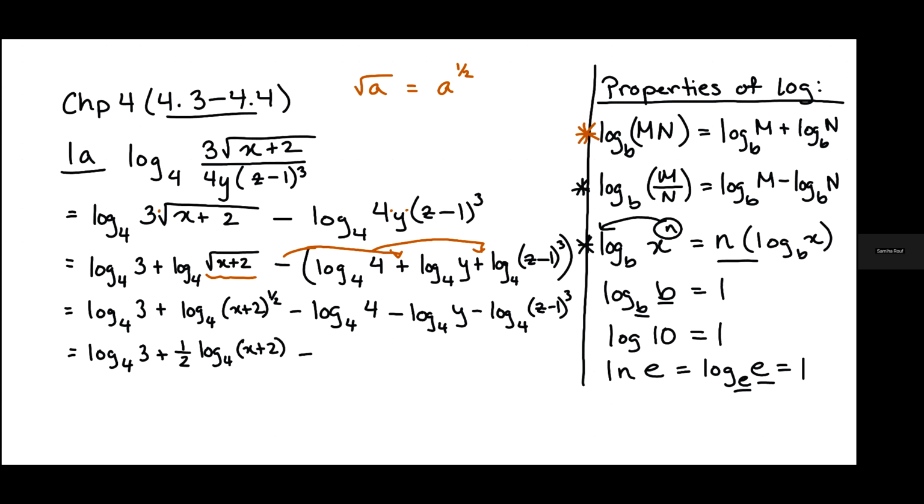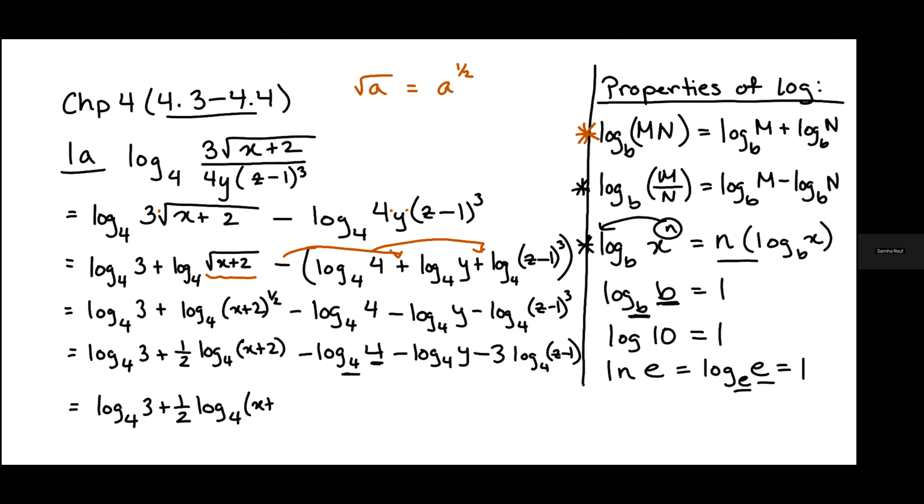We can also apply that at the end by putting this 3 in front of the log 4 of z minus 1. Lastly, notice here we have 4 base and 4 argument. So we can now apply this rule that says if the base and argument match, you end up with log equal to 1. So this becomes -1.